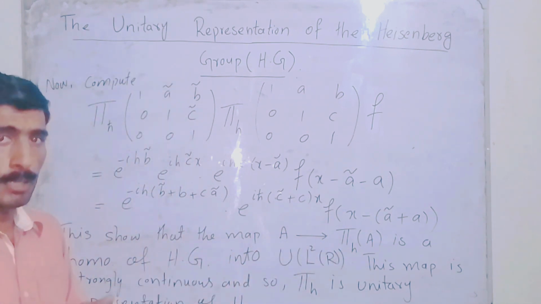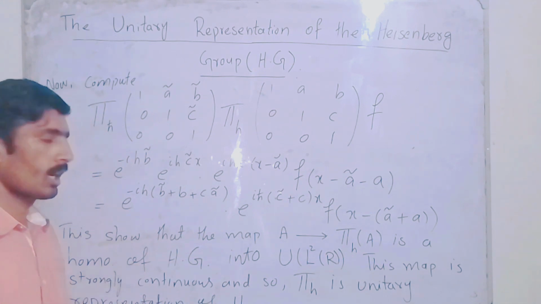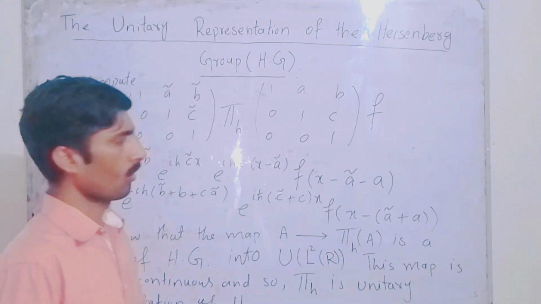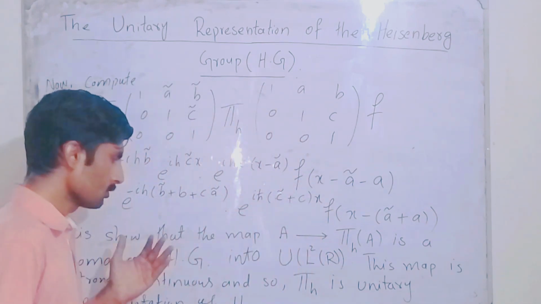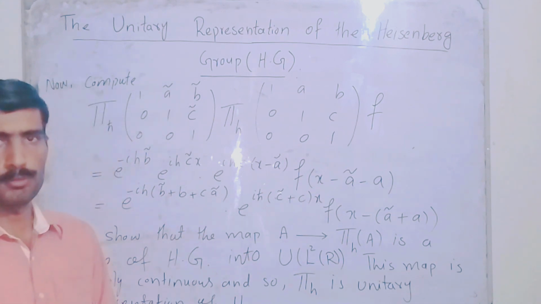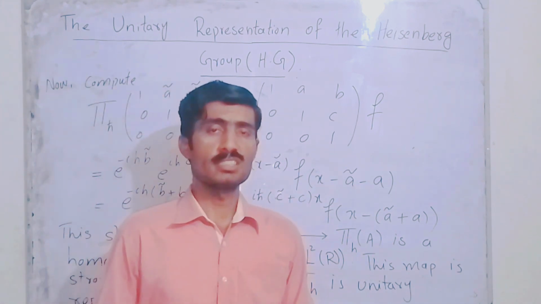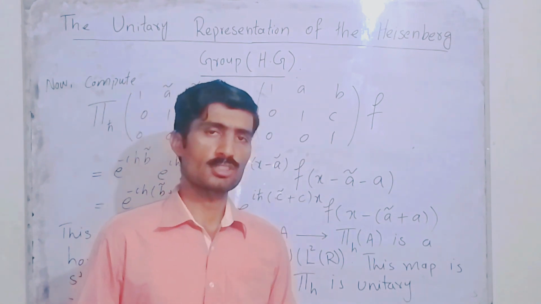If the map is strongly continuous, then we can say that this map is a unitary representation of Heisenberg groups, right? So capital pi h is a unitary representation of h, right? So this is a unitary representation of Heisenberg groups.